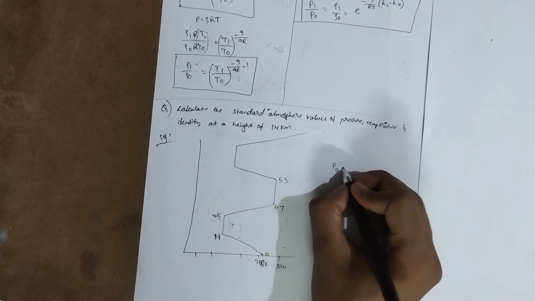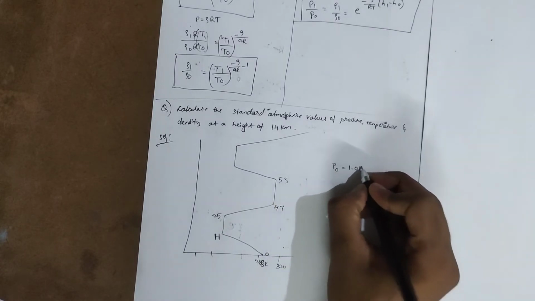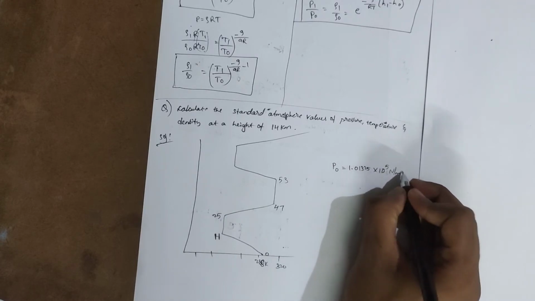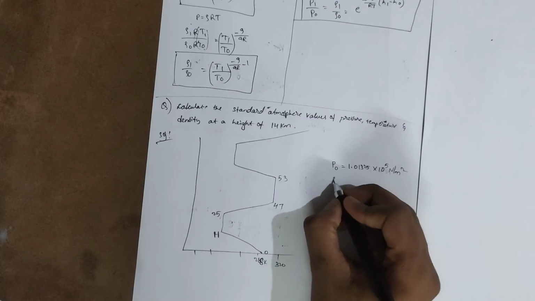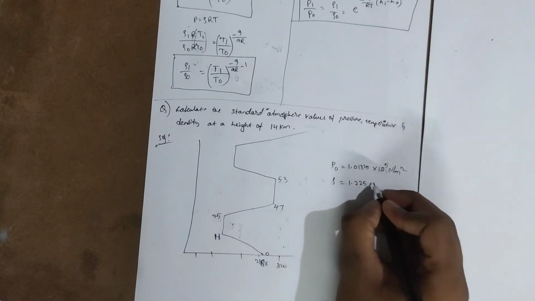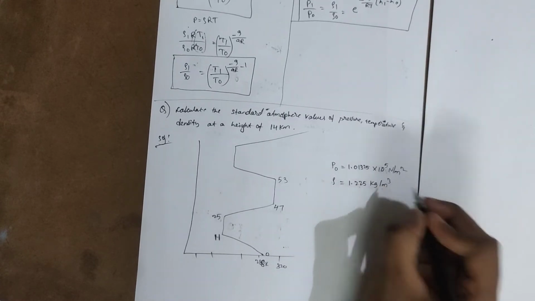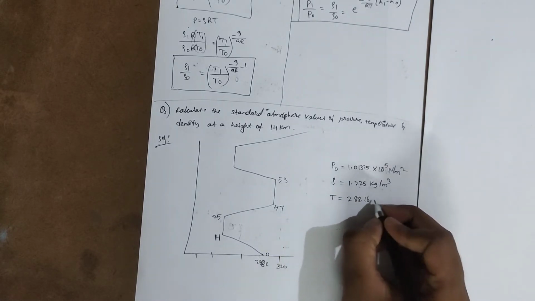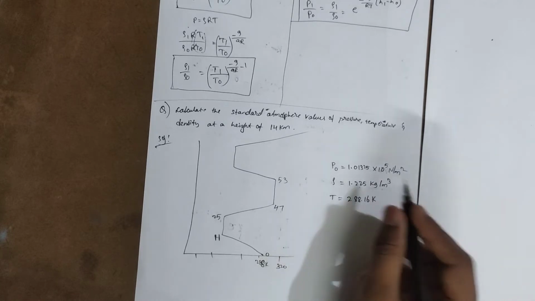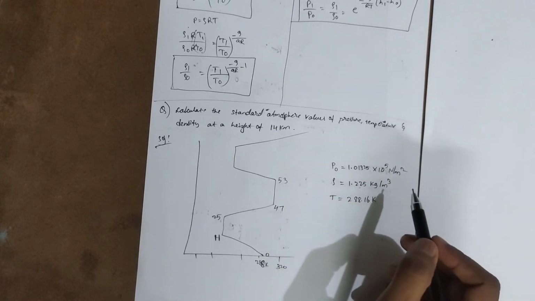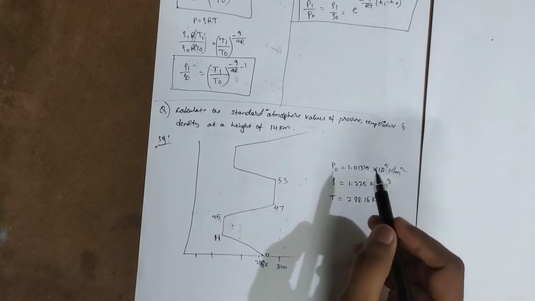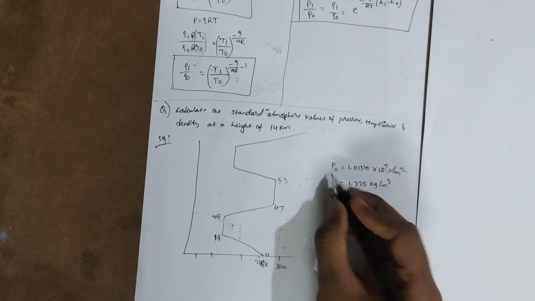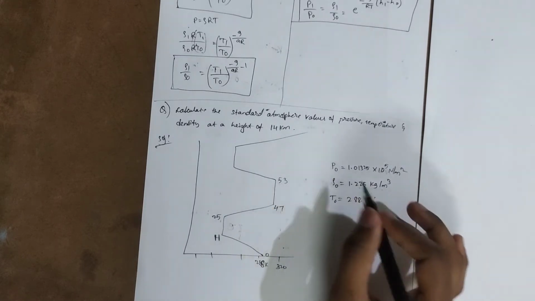So the standard pressure at the sea level is 1.01325 into 10 power 5 Newton per meter square, and density is 1.225 kg per meter cube, and then temperature is around 288.16 Kelvin. So these three values were standard values at the sea level. We'll take these values for every problem as base values. So P0, rho 0 and T0 values were fixed for every problem.